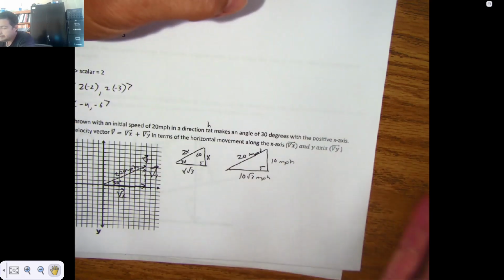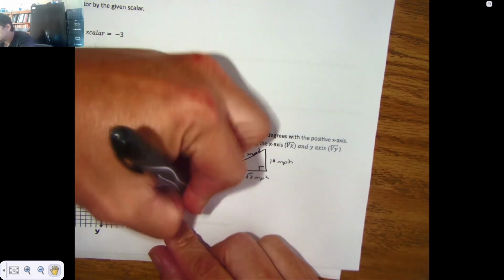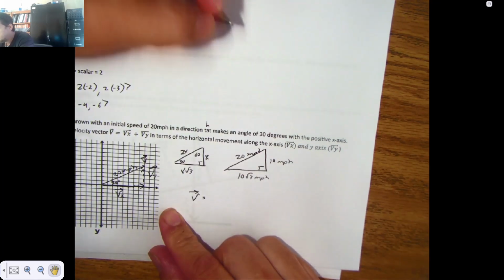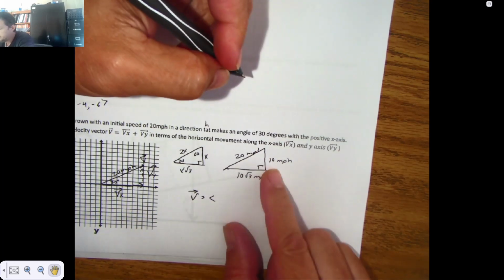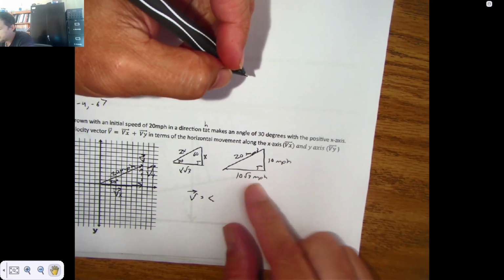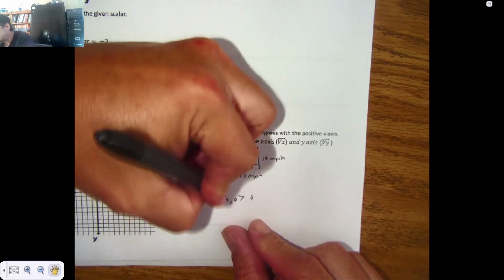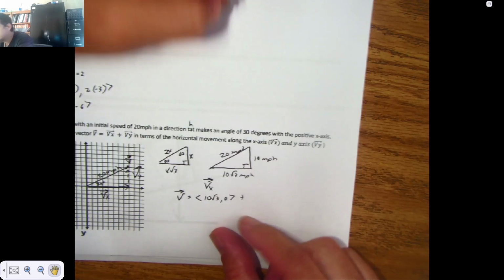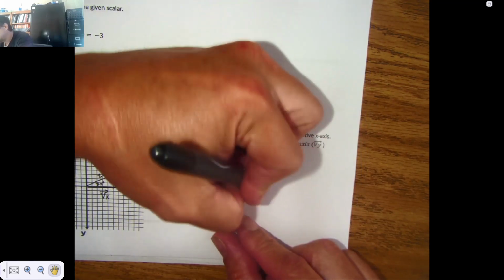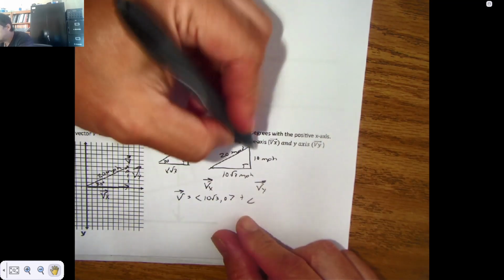And now I have my individual components. Vector v is the addition of two things. One of them is the x-coordinate here, 10 root 3, 0. And that would be v of x, the horizontal component, plus the vertical component, which is just 10.